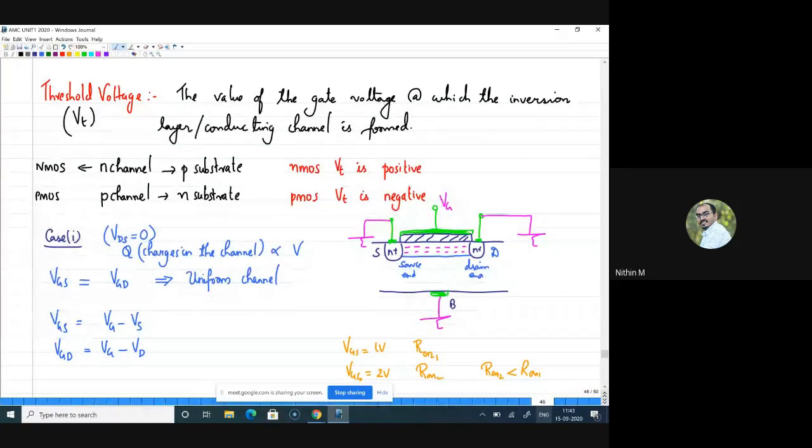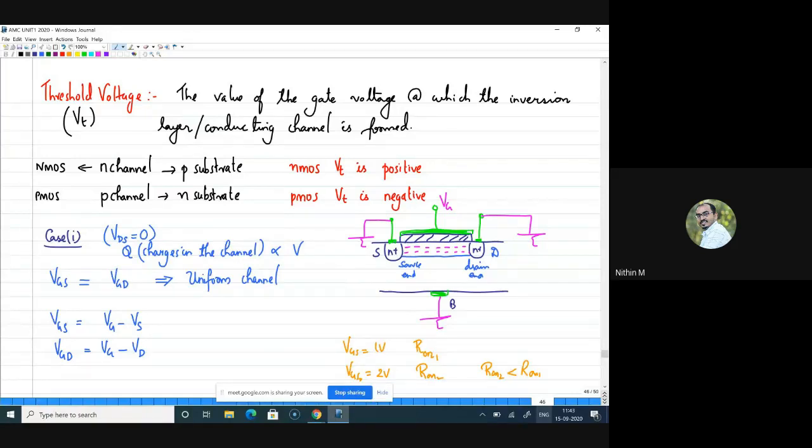Now, after creating a conducting channel, as soon as you apply a VDS voltage, we can see that before applying VDS, the voltage available in the channel at the source end and drain end remains the same, and as a result of that voltage, charges will be accumulated.